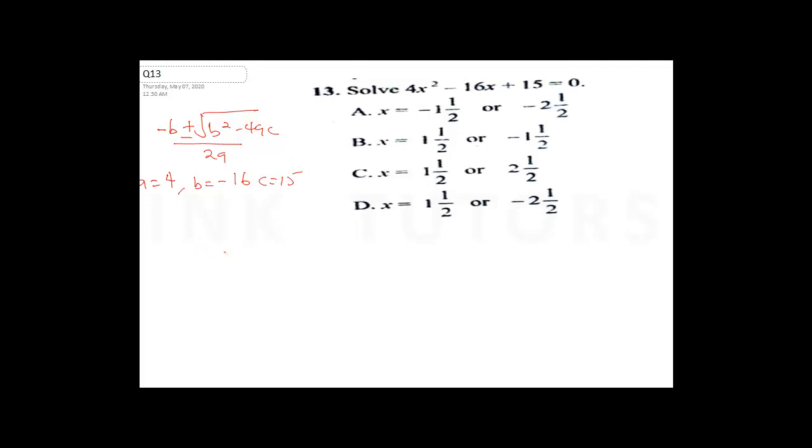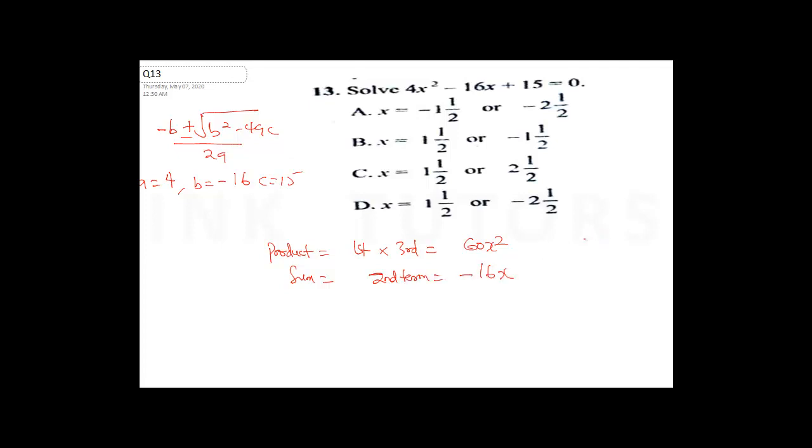But in order to use factorization, we're going to look at our product. Remember, our product is our first term times third term, which is 4x squared times plus 15, which is going to give us 60x squared. Then our sum is the second term, which is minus 16x.